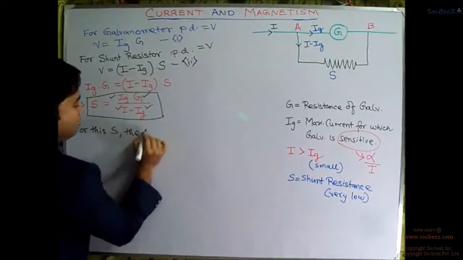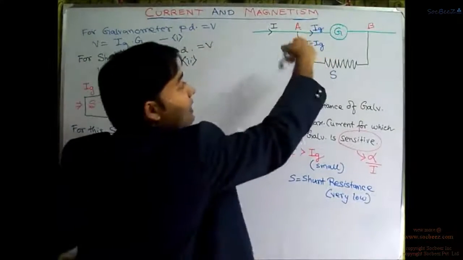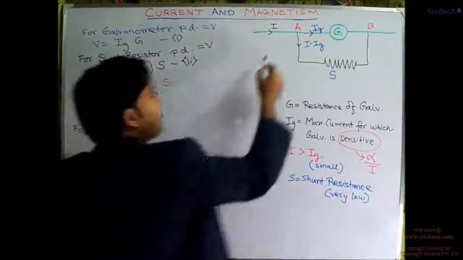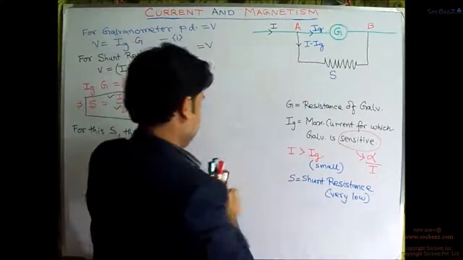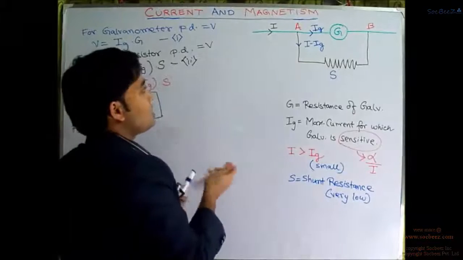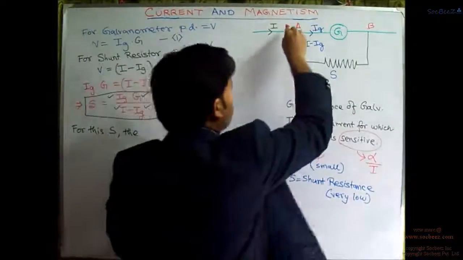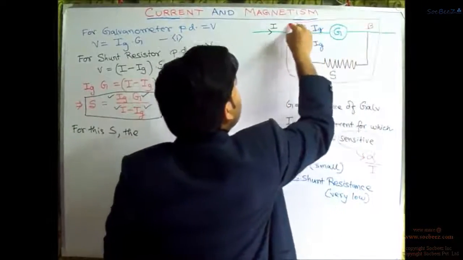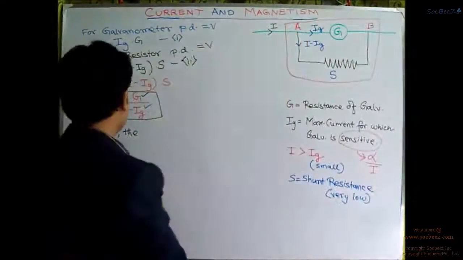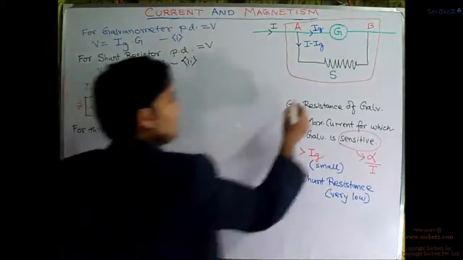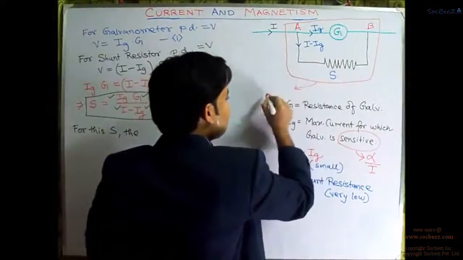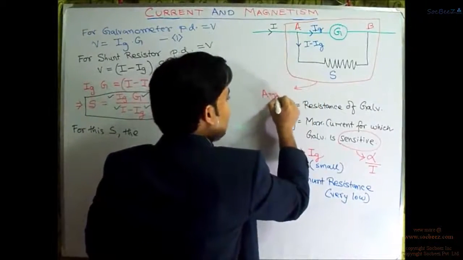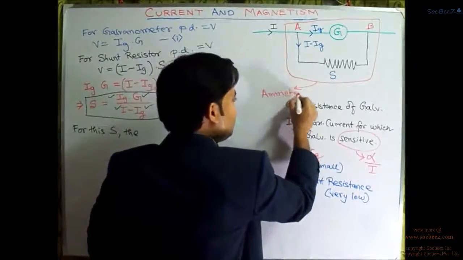the galvanometer with this total apparatus, let us mark it as the area from this hole, right? And this is basically known as an ammeter.